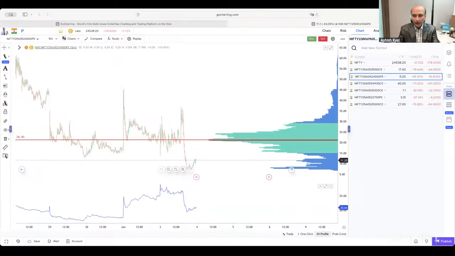This is very important to understand, and this you will understand only and only if you understand the concepts of IV, you understand the concepts of momentum, and on the basis of that IV and momentum, you then have to take a trade on the option side.